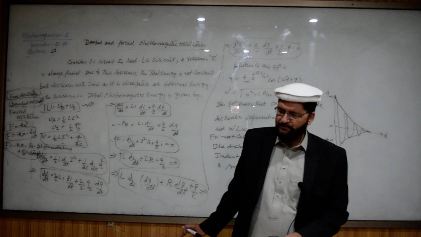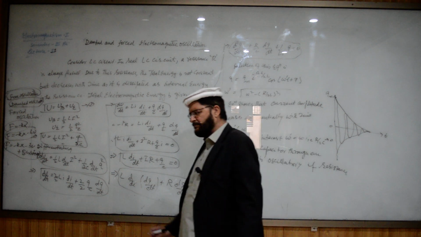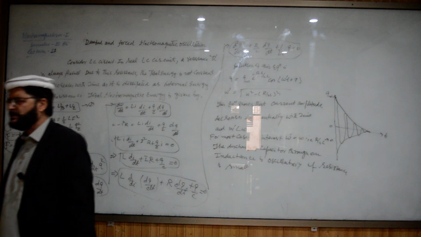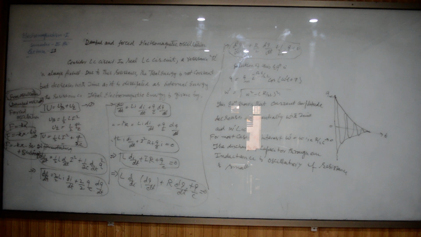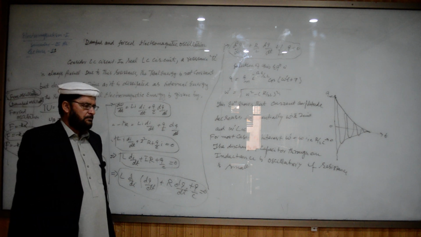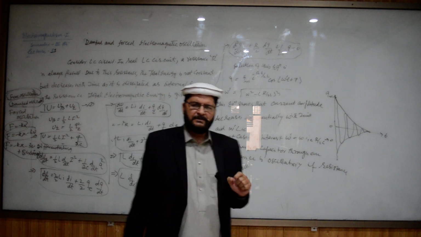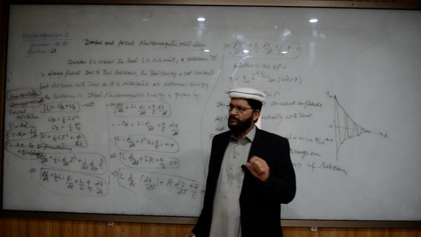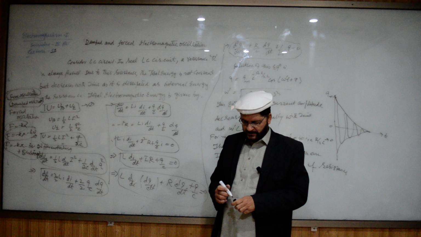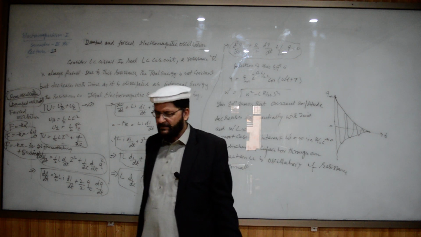While in case of an LC circuit, for example, if there is no resistance, and in the circuit you only have an inductor and capacitor, then that oscillation is a free one. But if there is a resistance in the circuit, then the amount of energy will be dissipated across the resistance. So that is like a damped one.